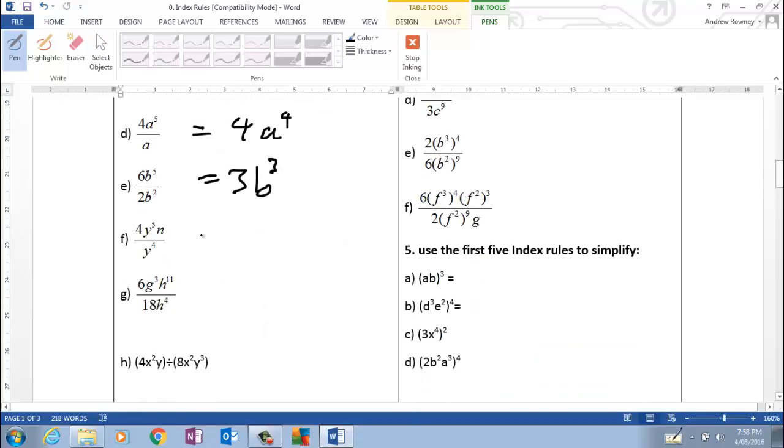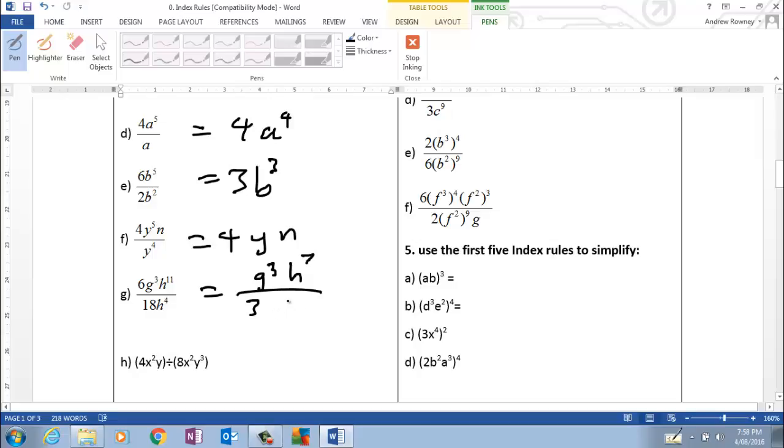This here is 4, and the y's will give y^1, and the n just stays as n. Now 6 divided by 18, that's 3 on the bottom, not on the top. We've got g cubed on the top, and h^11 and h^4, we have h^11 take 4, which is 7.